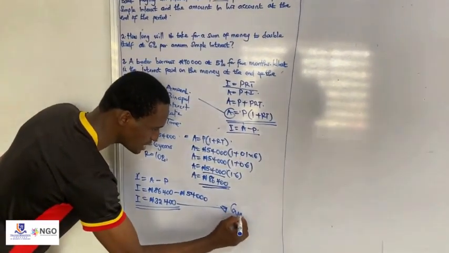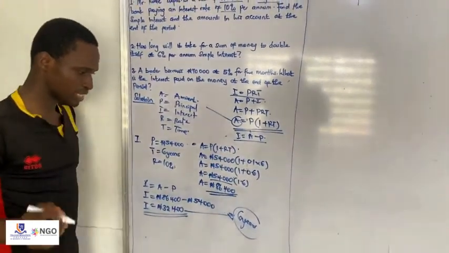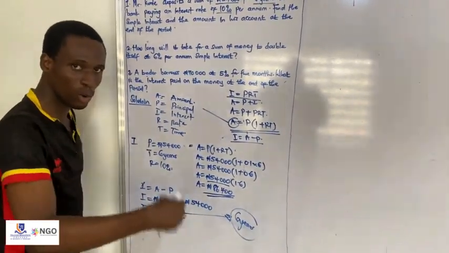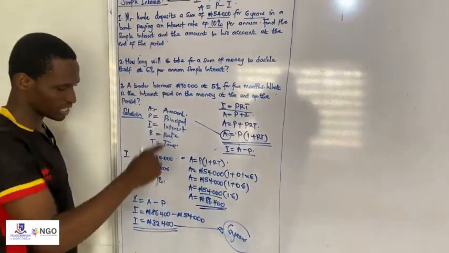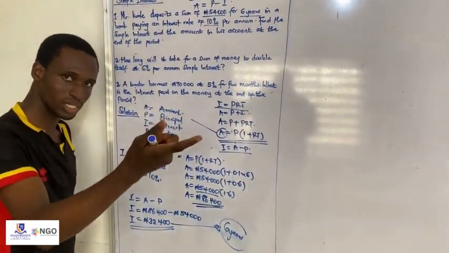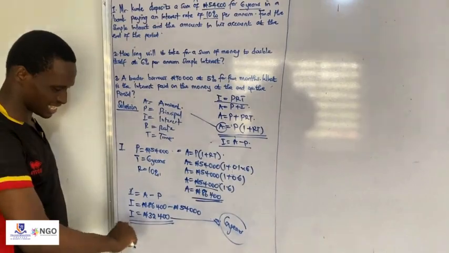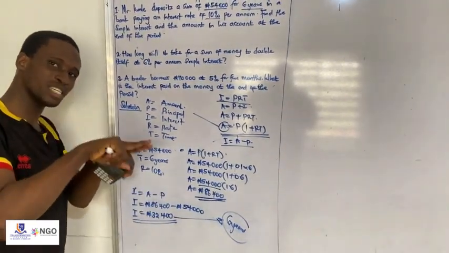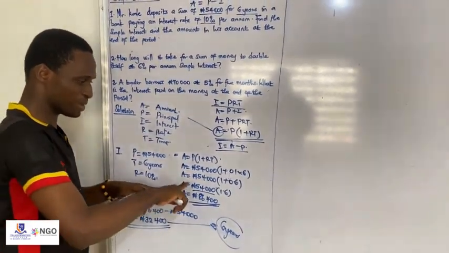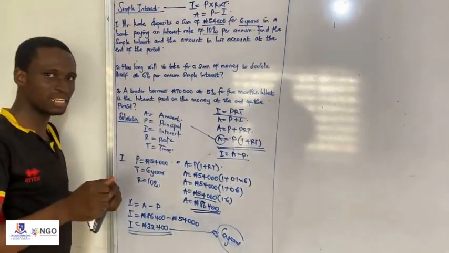So this 32,400 naira is the interest that will be paid to Mr. Kunle for 6 years. Please take note, it's not an annual interest. Simple interest is paid for the total number of years the investment is carried out by the investor.